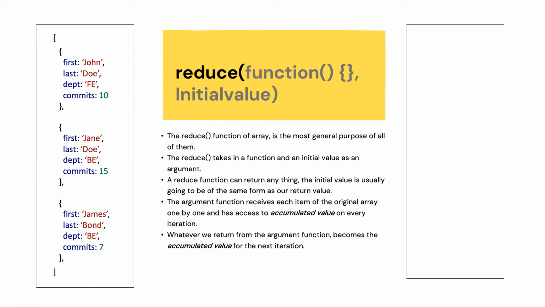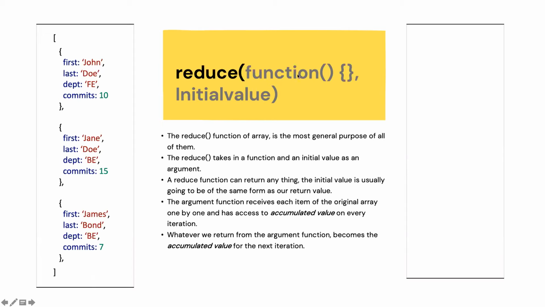If you look at frameworks like React, so much of the source code is written with reduce. The reduce function takes in a function and an initial value. This initial value makes it a bit different from the map and filter functions. The initial value is usually of the same shape as the return value. We'll look at it in a bit.